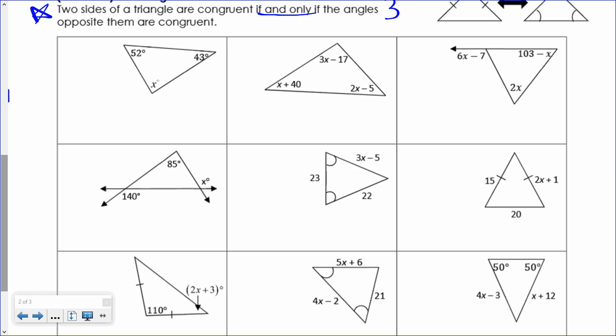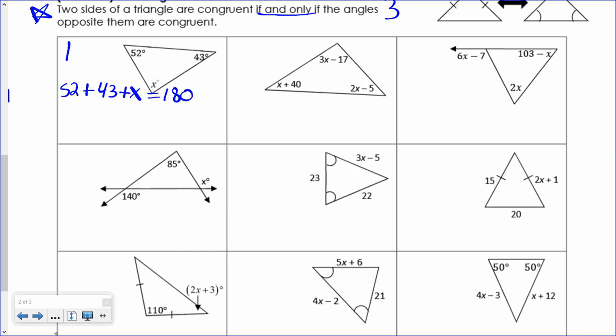The first one, theorem 1. What does theorem 1 tell me? All the angles in a triangle add to 180. How can I use that for this question? Well, can I just write like one big equation using that theorem? Yeah. I can take angle 52 degrees plus 43 degrees plus x is equal to 180.